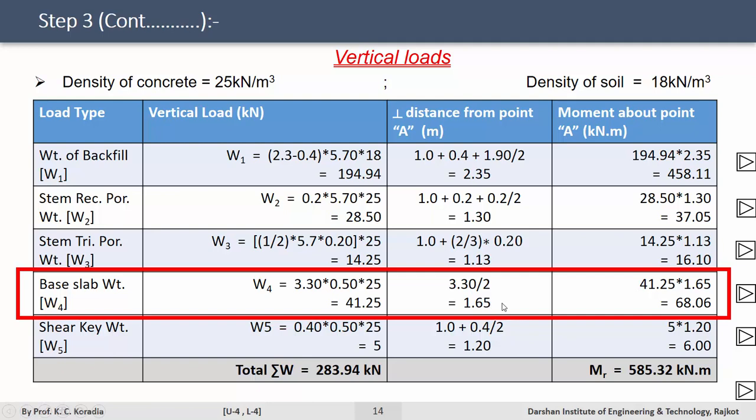Multiplication of these two values will give moment about A, which comes out to be 68.06 kilonewton meter.